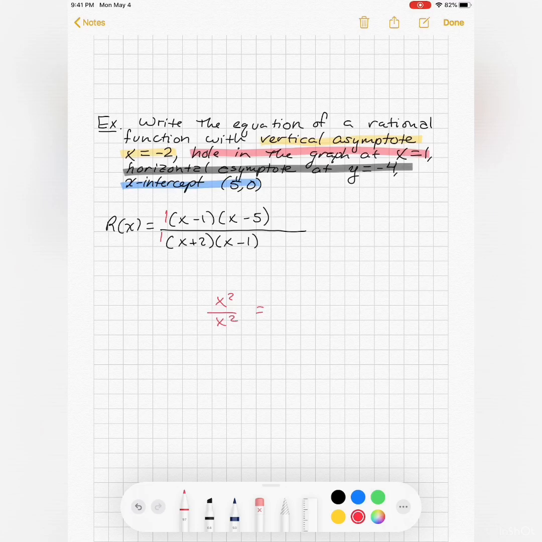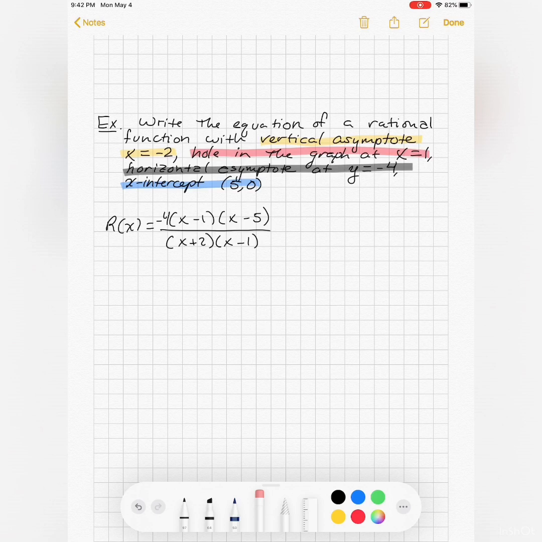Because I'd have x squared over x squared. So what if I add a coefficient in the numerator? What if I add a -4 in here? Okay, because then I have negative 4x squared over x squared, so indeed, my horizontal asymptote is y equals negative 4.